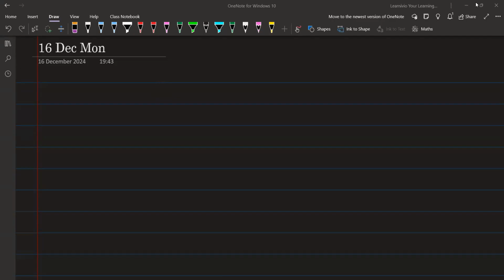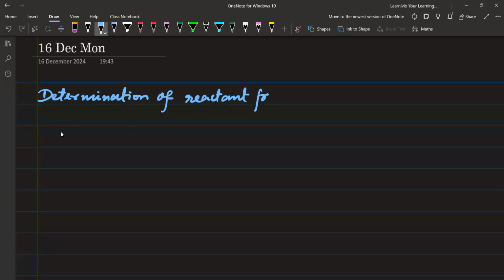Write down the topic: determination of reactant from products of aldol.